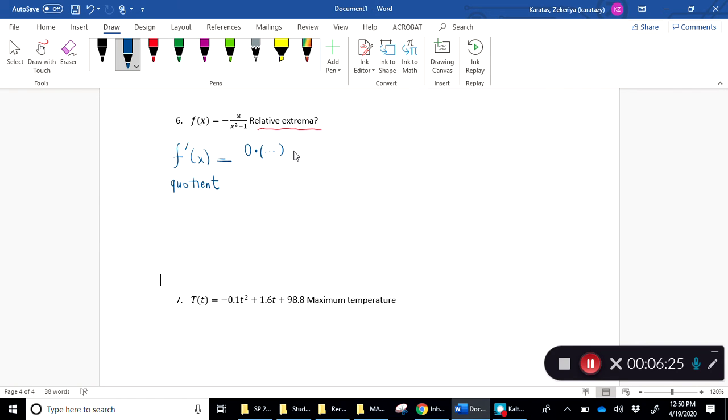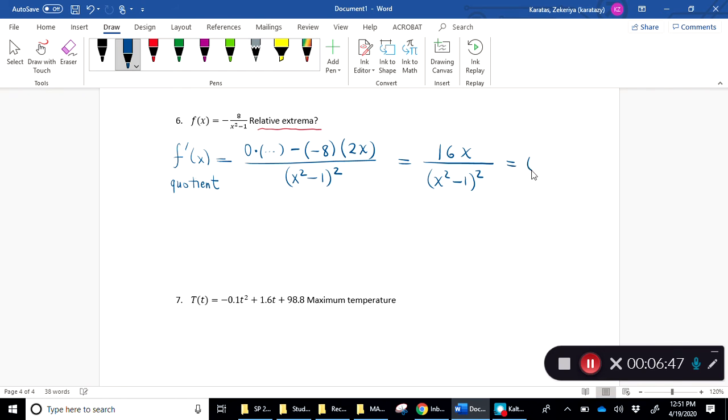And then the bottom we got minus the top, negative 8, times the derivative of the bottom, which is 2x, and divide the whole expression by x squared minus 1 squared. So that gives us 16x divided by x squared minus 1 squared.